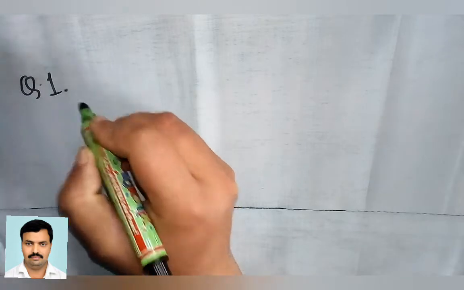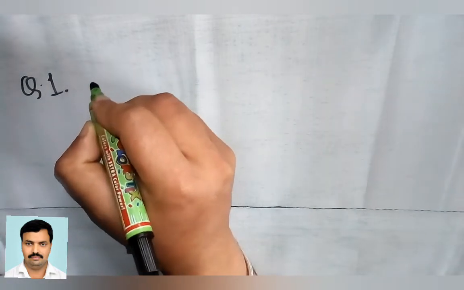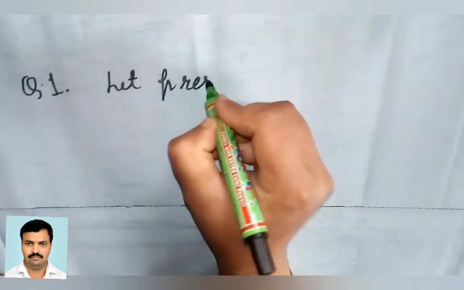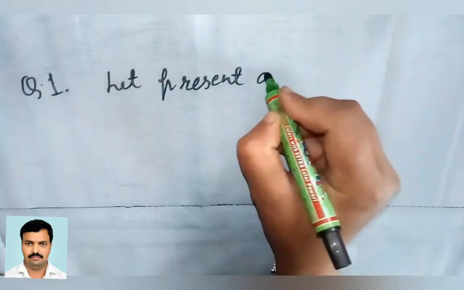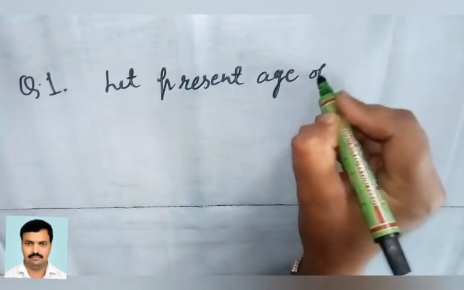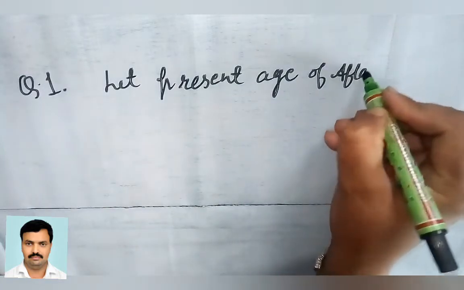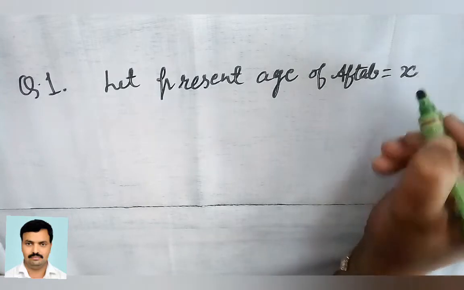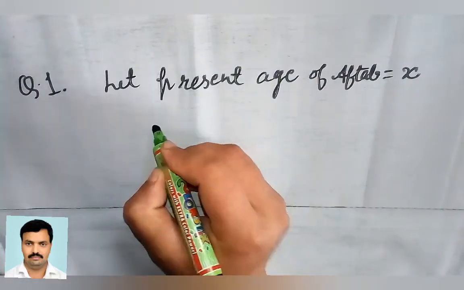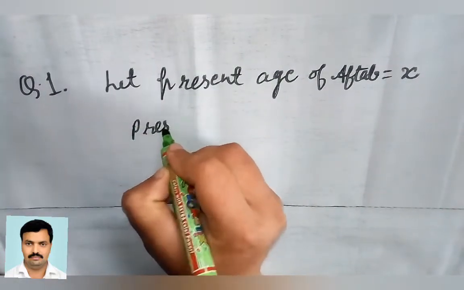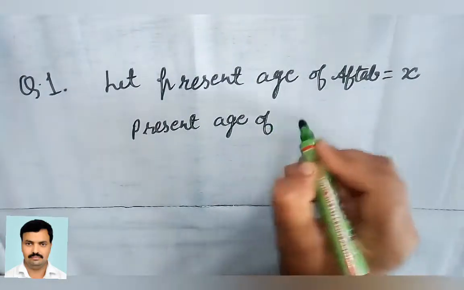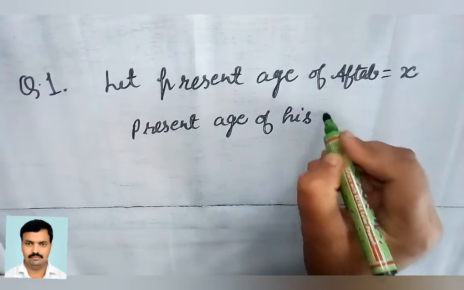First condition was 7 years ago I was 7 times as old as you were. So let the present age of Aftab equals to x and present age of his daughter equals to y.